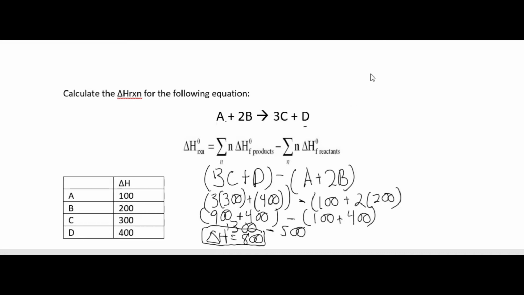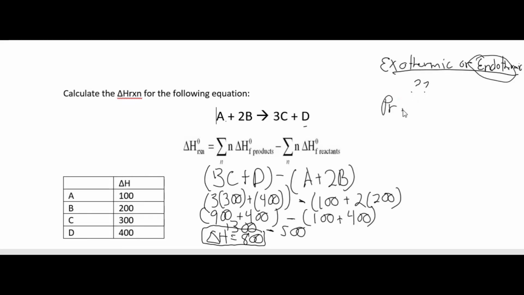So is this exothermic or endothermic? So which is it?